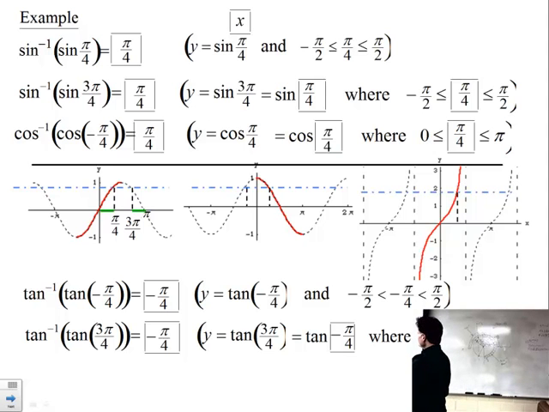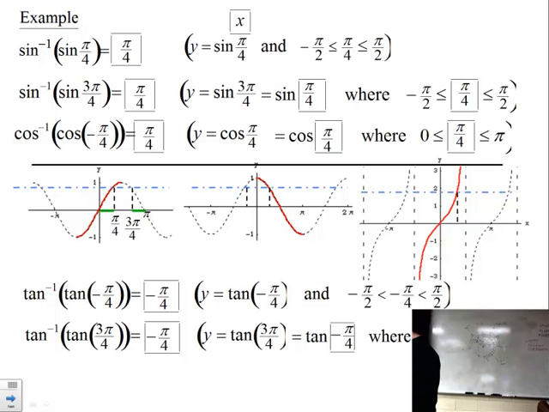So sine of pi over 4, if you take the sine inverse of that, you get back pi over 4. But that's not necessarily true. For example, the sine of 3 pi over 4 has the same y-coordinate as pi over 4. So the sine of 3 pi over 4 is equal to the sine of pi over 4. So when you take the sine inverse of that, you should get back pi over 4.